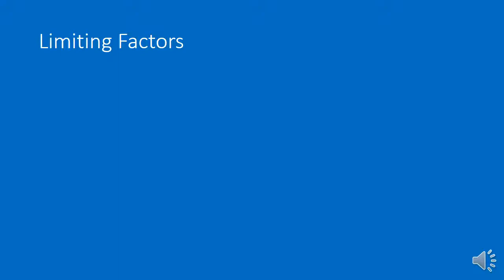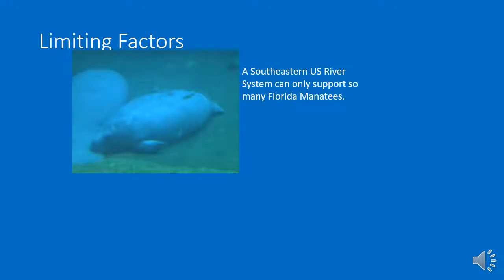So another thing that controls population size and where things live are what we call limiting factors, okay? So in the southeastern U.S., we have these things called manatees. They're pretty awesome looking creatures. And they live in the freshwater rivers in Florida.